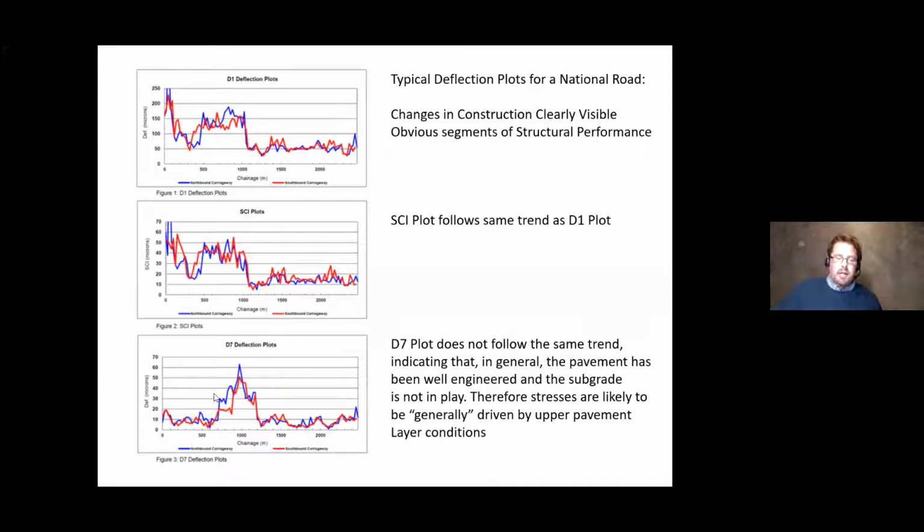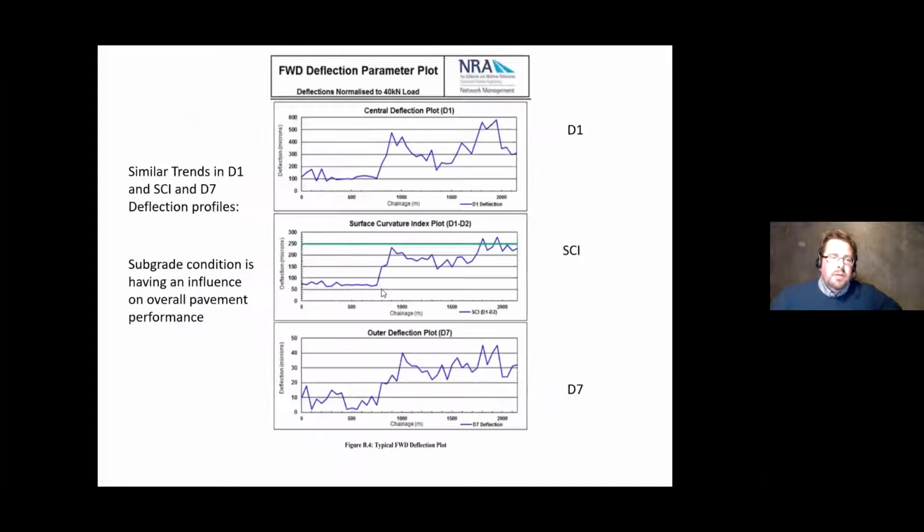And again, you can see that clearly because the D7 plot, while there are some slight trends, looks nothing like it at all. The one peak here corresponds to one peak there, where either the existing pavement is causing distress to the subgrade, or you have a particularly low point of subgrade which is distressing the pavement. In this case, that was a junction where the jointing hadn't been carried out correctly, and the pavement and the subgrade had become distressed.